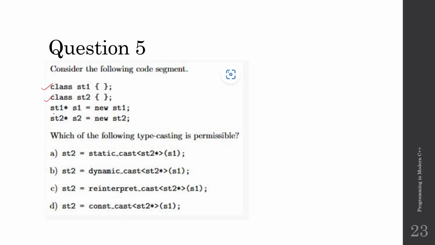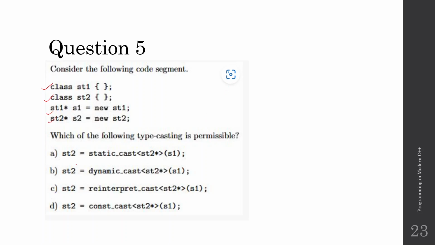Next we have st1 star and st2 star pointers. These are pointers pointing to st1 and st2 objects, and the question is which of the typecasts are permissible. The first one is static cast. As we know, static cast does not allow typecasting between unrelated classes.